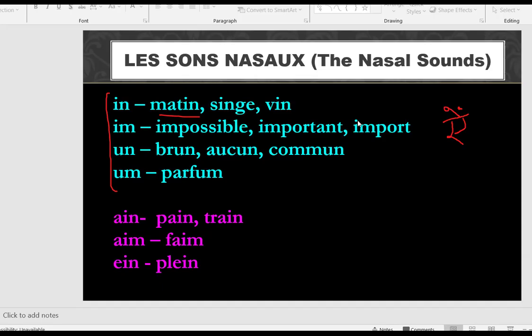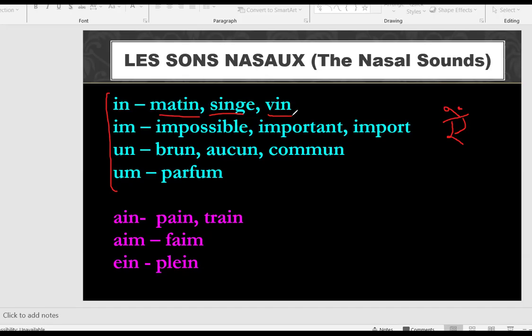The next word, sang. Next word, vin. Very good.